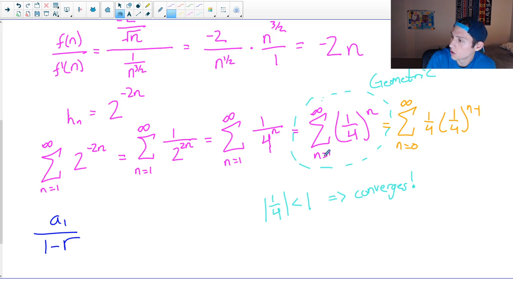If it starts at 1 and it's just to the power of n, right, then this would give us our first term, second term, third term. But if we write it in this form, this is the form that's like the a1 r to the n minus 1, which is what we kind of learned is the basis that we started out with. So my a1 is 1/4. 1 minus r is 1 minus 1/4.